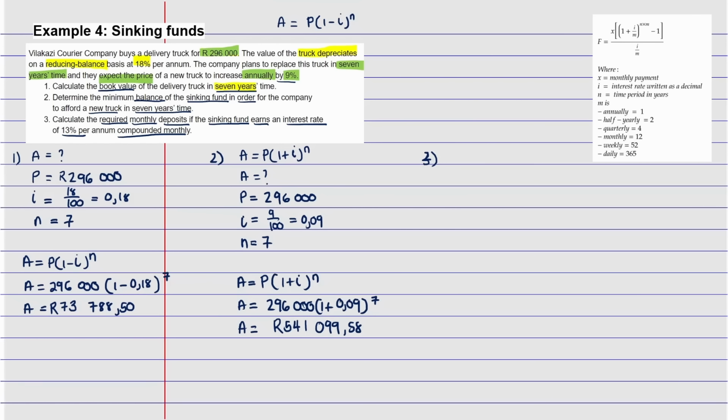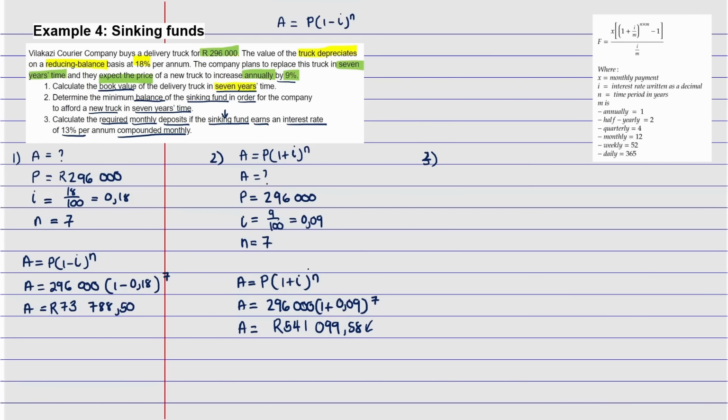Now we need to create an investment account, which is called the sinking fund, earning 13% per annum compounded monthly. So we need to know how much in monthly installments we need to pay so that we can raise this new value. I hope this makes sense.